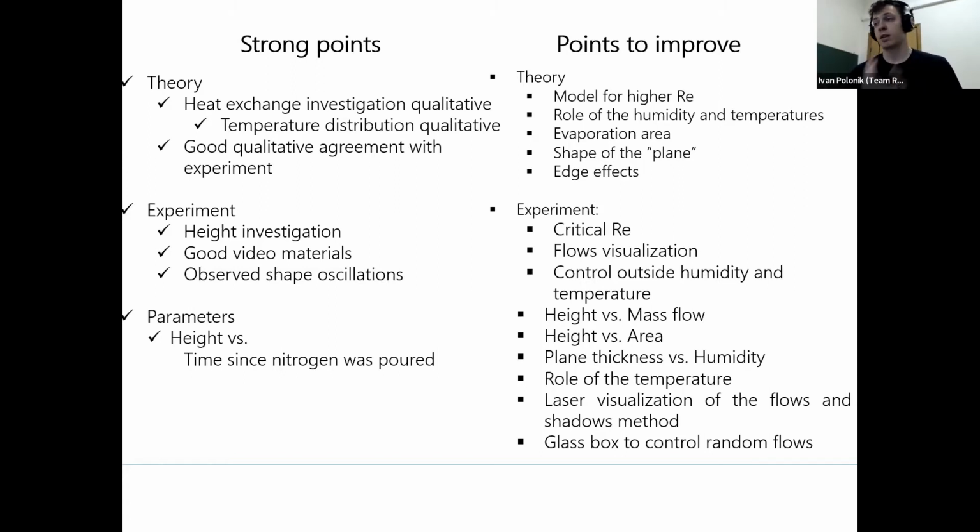For example, try to find the critical Reynolds number, see what happens at high Reynolds number, and for example, use flow visualization to model your setup, take into account the thickness of the plane, and also make some experiments with humidity. So now we are going to the discussion.